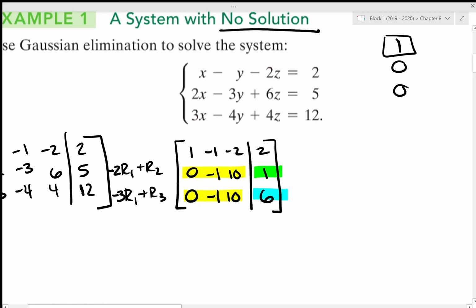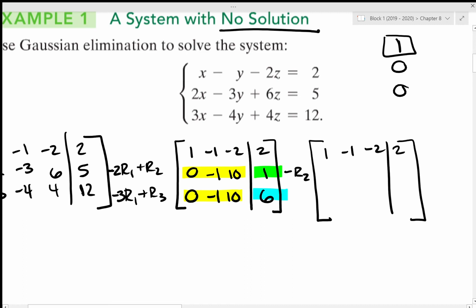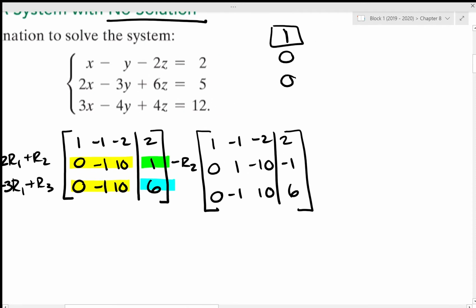Let's try this. So I want the negative of row 2 because I really want a positive 1 in that spot. Line 2. Now it's 0, 1, negative 10, negative 1, and 0, negative 1, 10, 6. So now I want to make a 0. I got the 1 here.